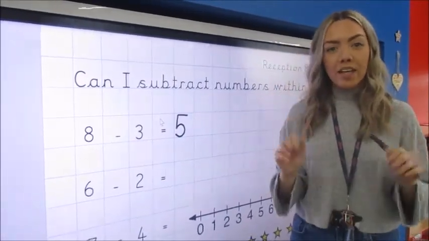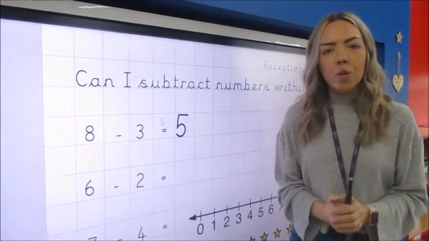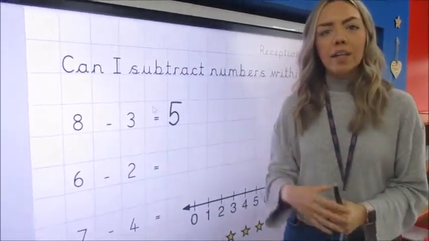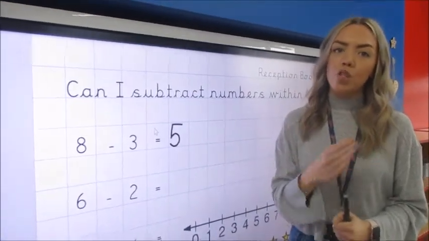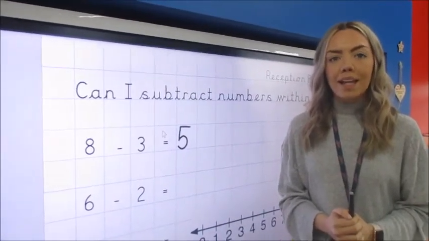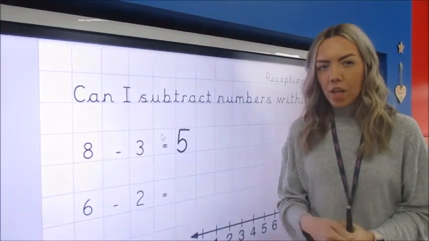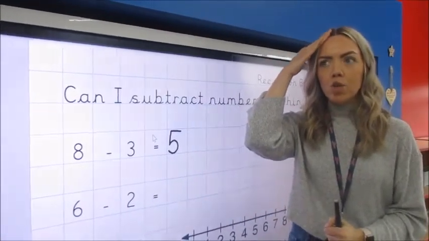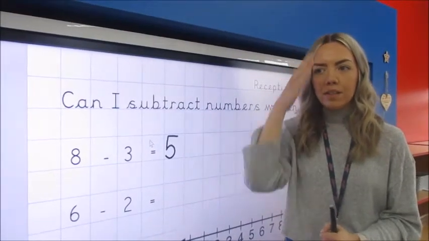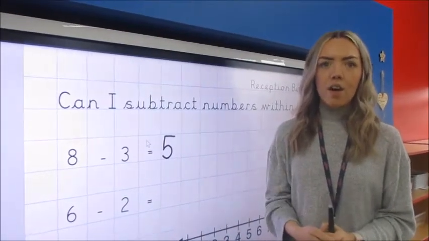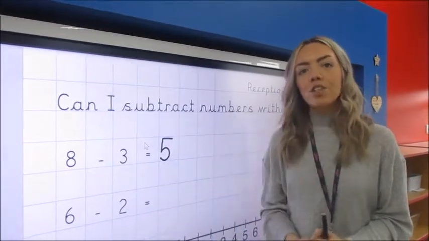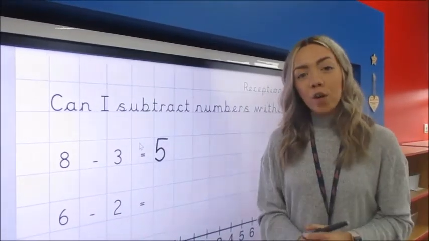So no fingers, just thinking about what numbers come before. Because we've only got to take 2 away, we're going to count backwards 2 jumps in our head. Okay? So starting with the number 6, and I'm going to do 2 jumps backward in my head. 5, 4. So I know that 6 minus 2 equals 4.